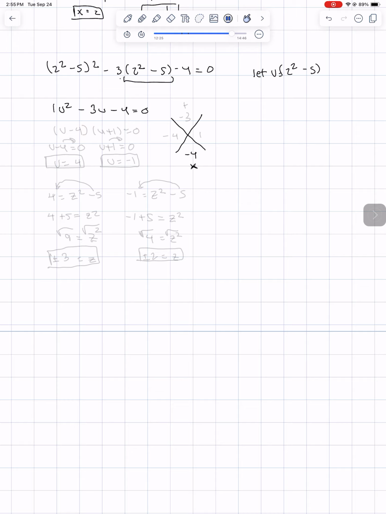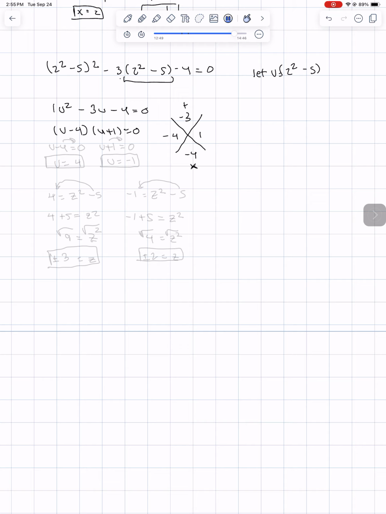So the two numbers are 4 and 1, but my 4 needs to be negative to get those two results. So that means it's going to be u minus 4 and u plus 1 equals 0.